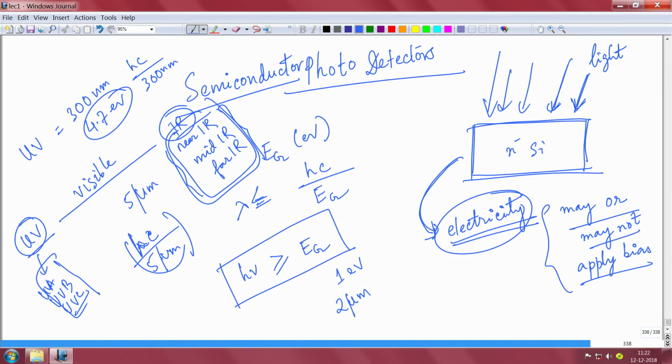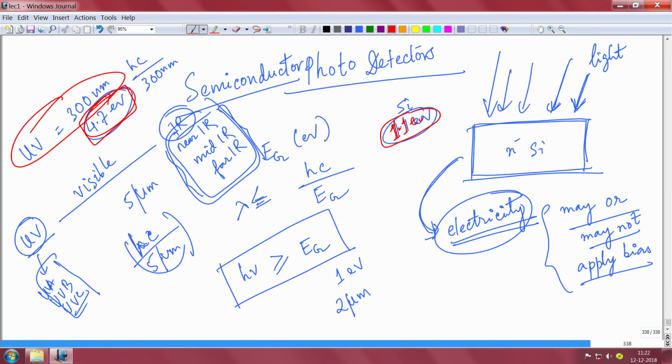Of course, you remember that silicon has a band gap of 1.1 eV, which means it can detect light whose photons have energy more than 1.1 eV. For example, if you want to detect a UV light of 300 nanometer, whose energy is about 4.5 eV, silicon's band gap is 1.1 eV, which means silicon can also absorb the photon of 4.5 eV.